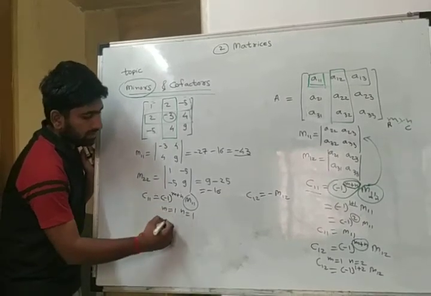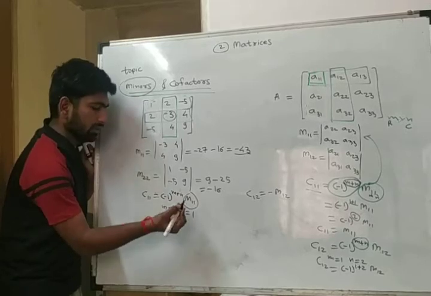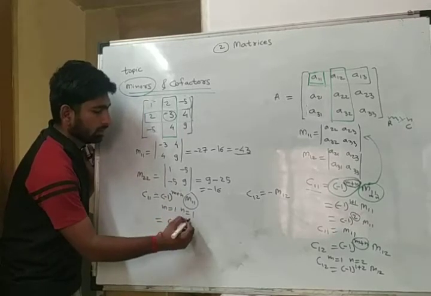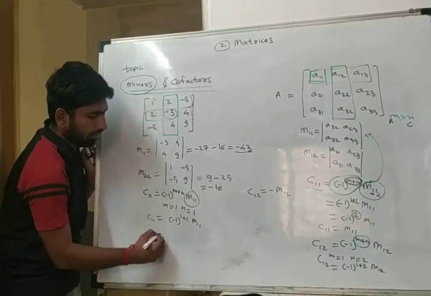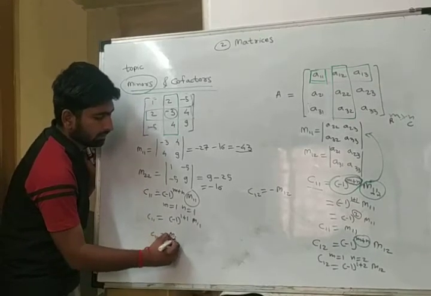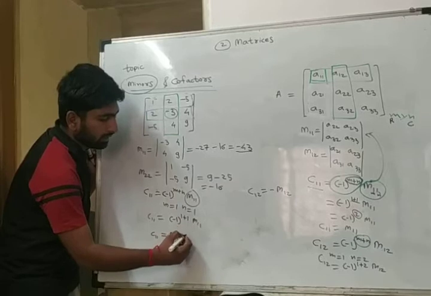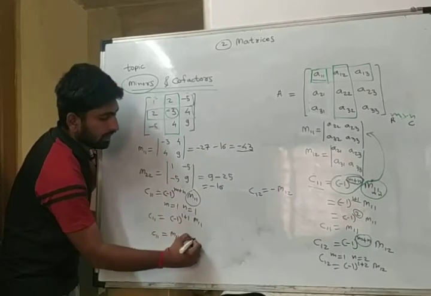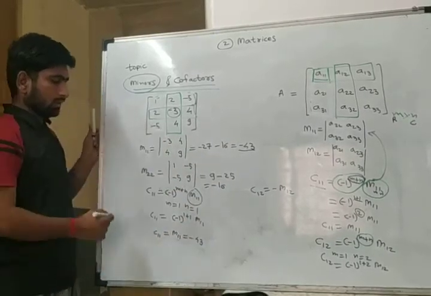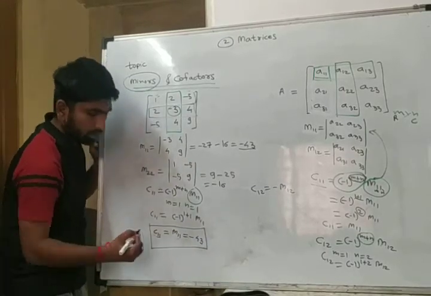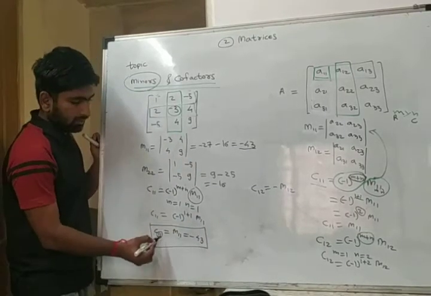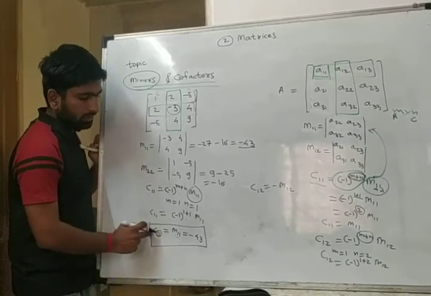So m plus n equals 2, which is even. So in this case the cofactor equals the minor, and we have the value of the minor, that is -43. So if the addition of 1 plus 1 is 2, this is even, then the cofactor equals the minor.